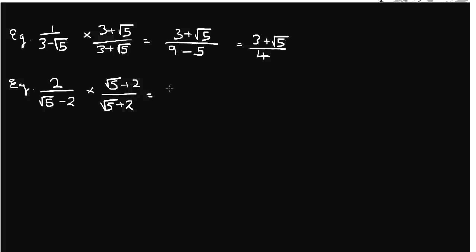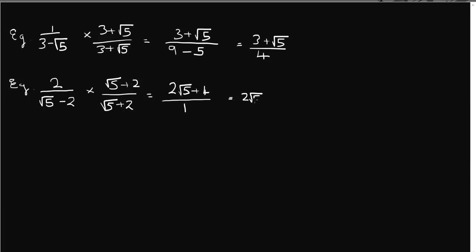Multiply the top out, and we get 2 root 5 plus 4. 2 times root 5 is 2 root 5, 2 times 2 is 4. The bottom, root 5 times root 5 is 5, minus 2 times plus 2 is 4, so we've got 5 minus 4, which is 1. So the answer is 2 root 5 plus 4.